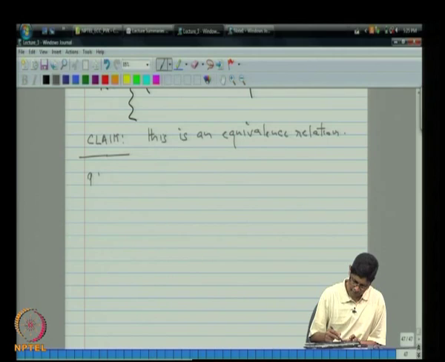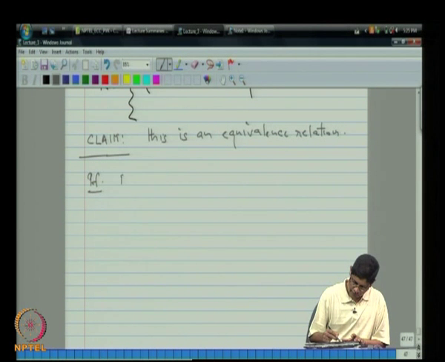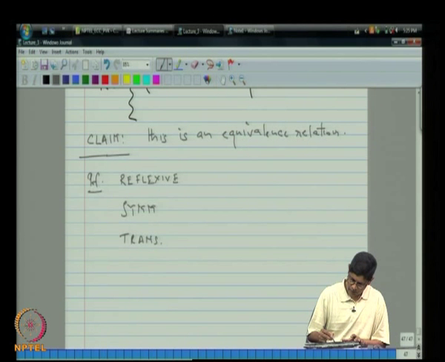Proof. Now, we have to show the reflexive, the symmetry and the transitive properties hold.